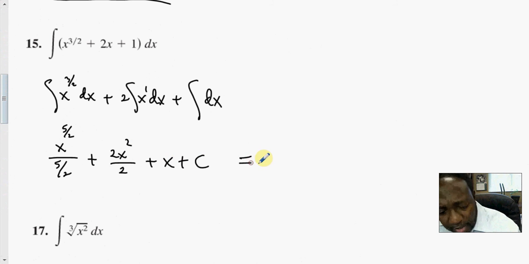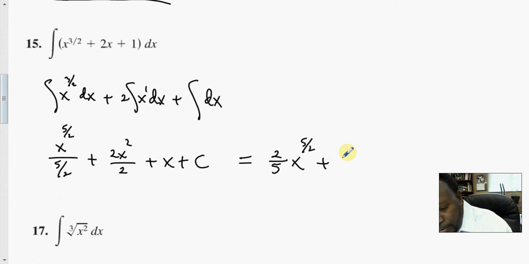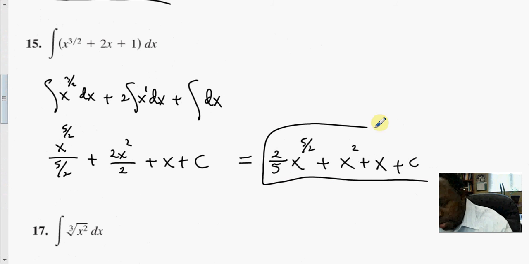Now we can clean that up and write this as 2/5 times x to the 5/2 plus x squared plus x plus the constant c.